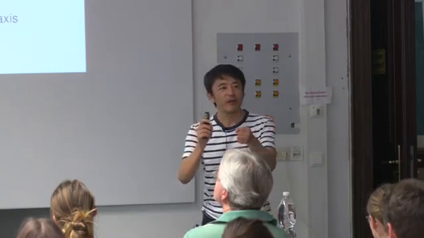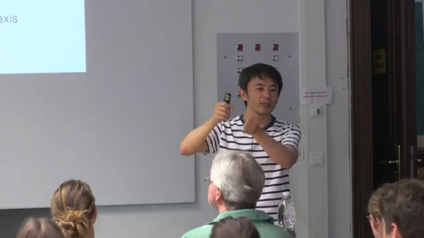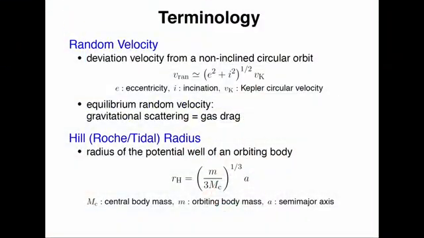And this random velocity increases by gravitational scattering among planetesimals on average, right? During this growth of planetesimals, there's always some equilibrium random velocity where the effects of gravitational scattering, which increases the random velocity, and the gas drag, which damps the eccentricity and inclination, balance. Under this equilibrium random velocity, planetesimal accretion proceeds.